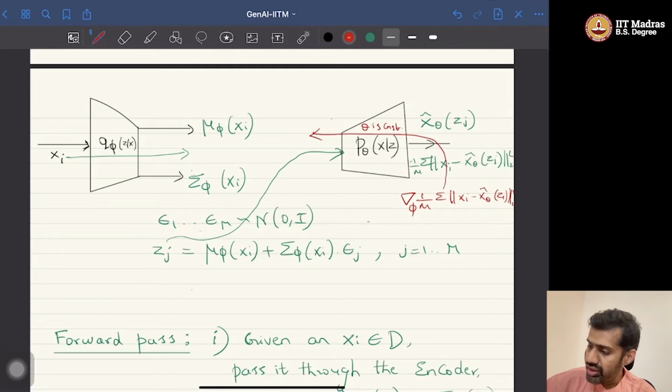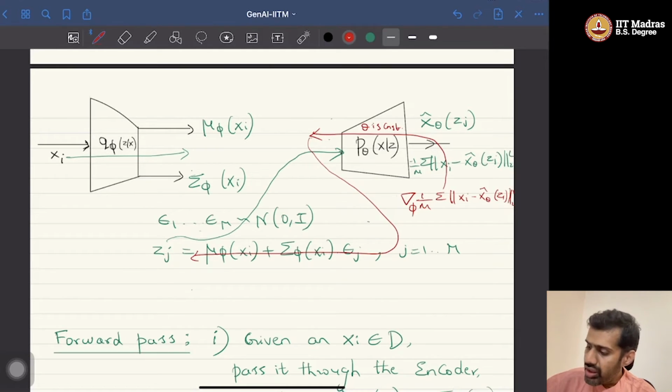So we get the gradients here. We take the gradients and pass them through this particular operation, and we can compute the gradients with respect to phi, right? That is the idea of reparameterization: once we have reparameterized, we can compute the gradients with respect to the reparameterization operation, which is the g function.